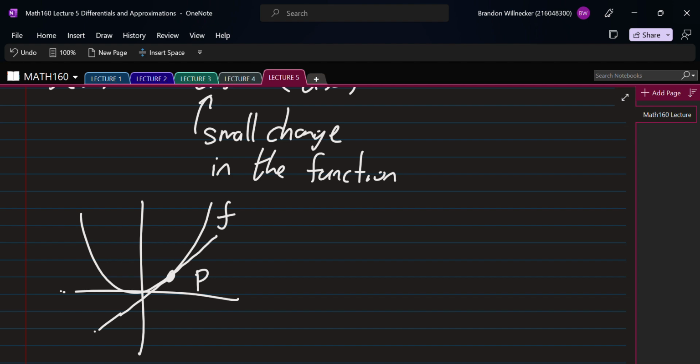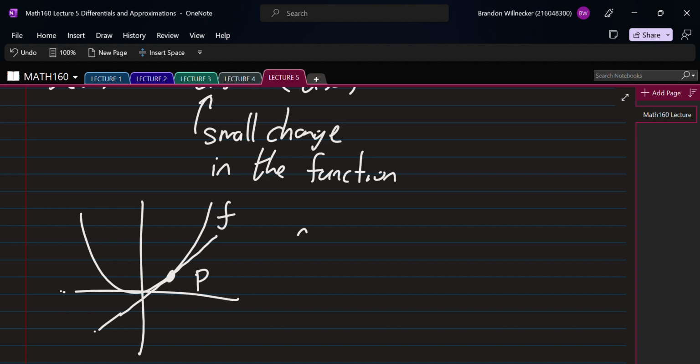That idea of it being very close is what we're going to use to develop a linear approximation. Linear for line, since we're using the tangent line. We can also get quadratic and cubic approximations, but we will only see that next year.